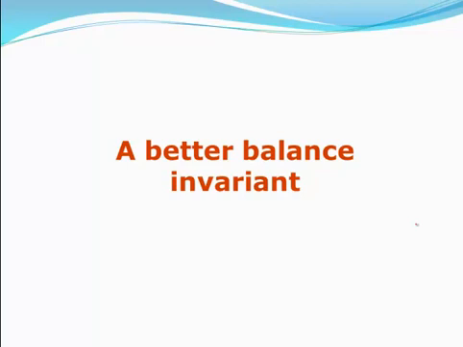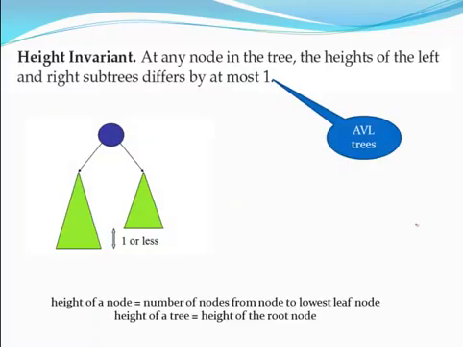A better balance invariant would be somewhere along these lines. We look at the height and talk about balance in terms of the height invariant. We say that at any node in the tree, the heights of the left and right subtrees differ by at most 1. For instance, here's a balanced tree under this invariant with 1 node.